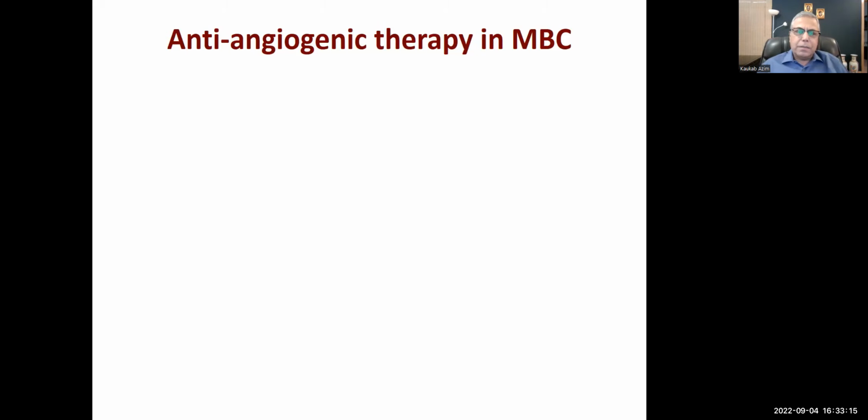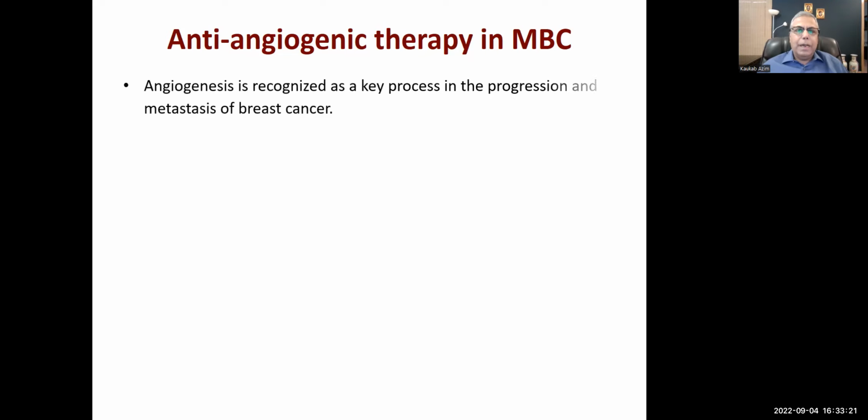And I think this is the last slide of the lecture: anti-angiogenic therapy. We have a drug which is known as bevacizumab, and this drug inhibits the growth of blood vessels. Angiogenesis is recognized as a key process in progression and metastasis of breast cancer. Now, I already explained to you that blood supply to the cancer is very important, but it's very poor.